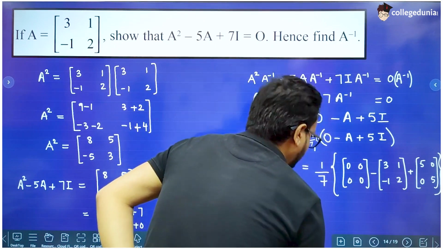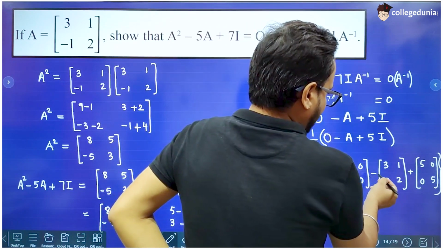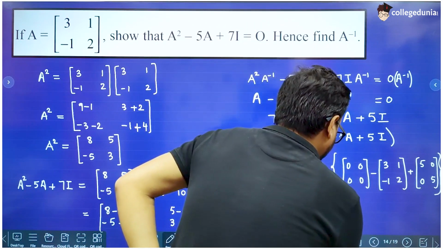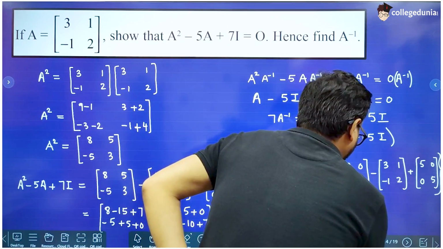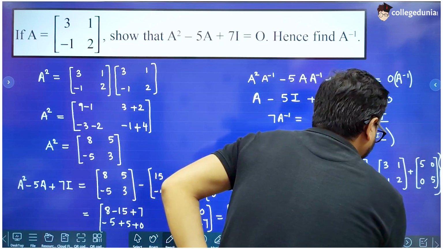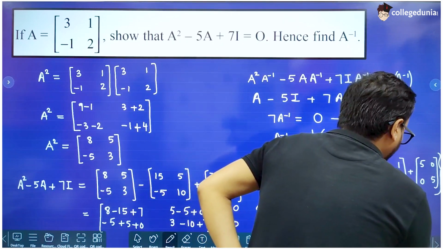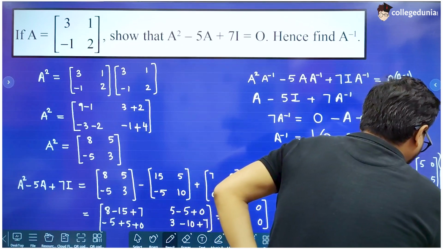One by 7, and this is minus 3, minus 1, plus 1, minus 2, plus 5, 0, 0, 5.